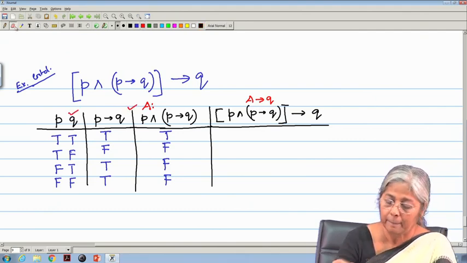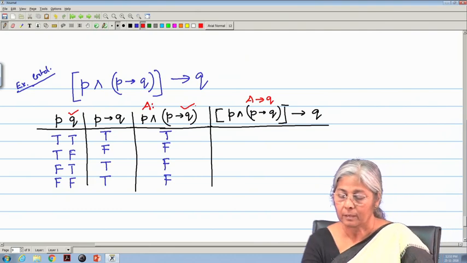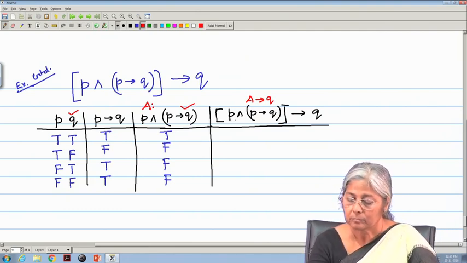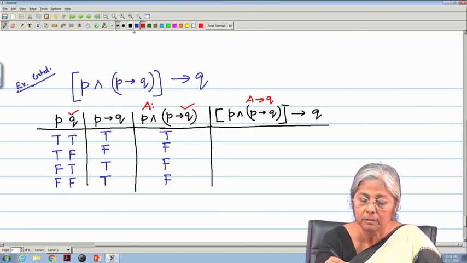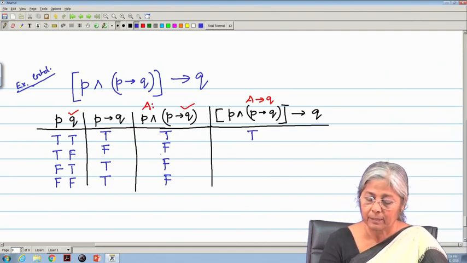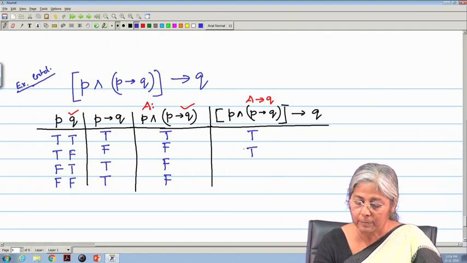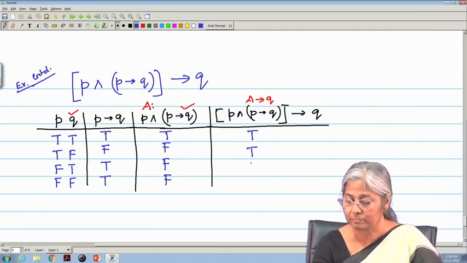Okay. A and q. So, this implies q: T, T gives me the true value. Then F, F is true, and F, all are true. So, these are all vacuously true.